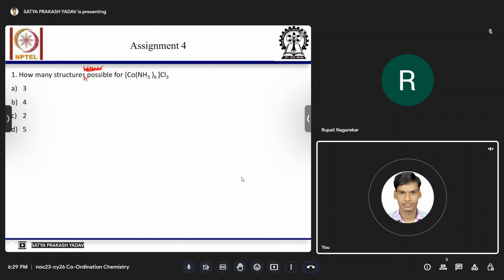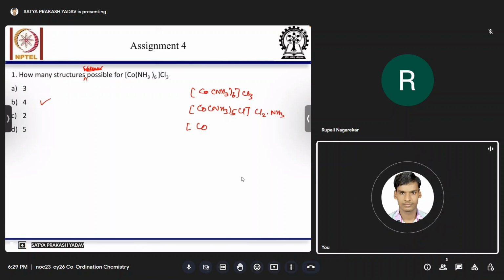Okay, so let me tell you, this is the first water complex. So there are four possibilities. It can be Co(NH3)6Cl3, that is the first. Co(NH3)5Cl Cl2·NH3.